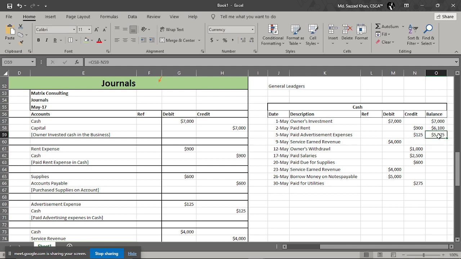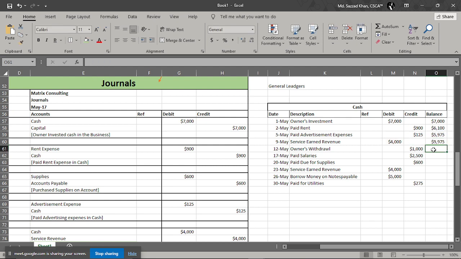Same thing, you'll find the same balance if you deduct these two from this: 900 plus 125 from 7,000, you get the same amount. And again we see there is a debit balance, so it will be added up, right?